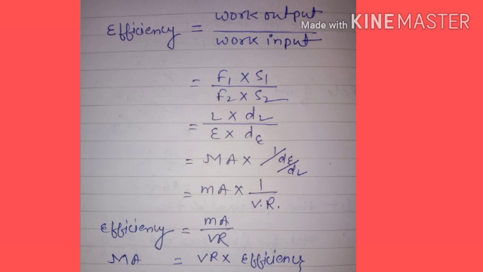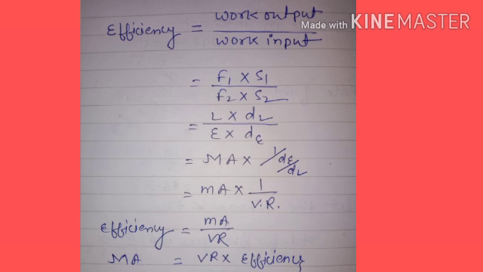Now separate both the ratios: load by effort into displacement by load by displacement by effort. This load by effort can be replaced by the term MA, mechanical advantage, and DL by DE, just reciprocal it. What do you get? You will get 1 by DE by DL, where DE by DL can be replaced by the term velocity ratio.